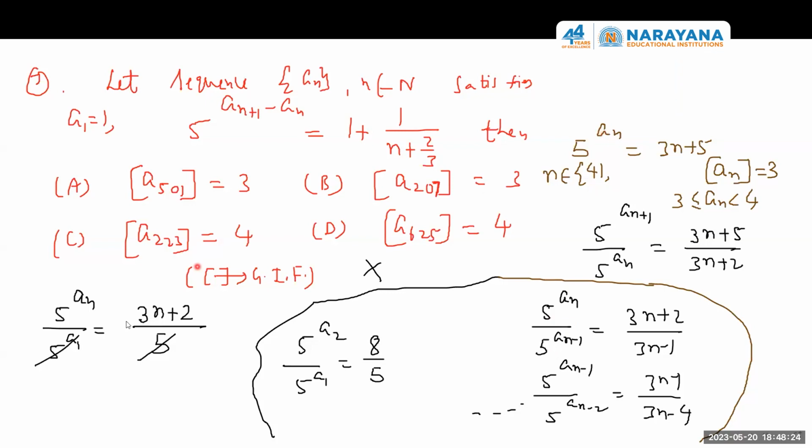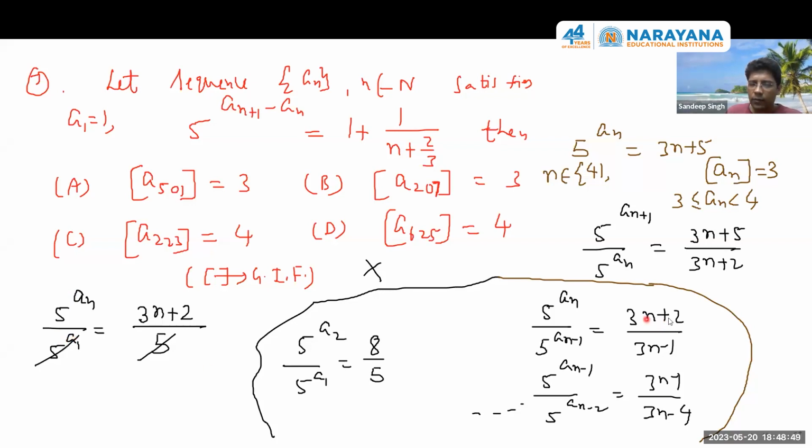Sir, left side down we wrote it as 3n plus 2, so 3n plus 2 will remain, no? What is the confusion? I'm only multiplying these terms. So LHS is 5 power an upon 5 power a1.